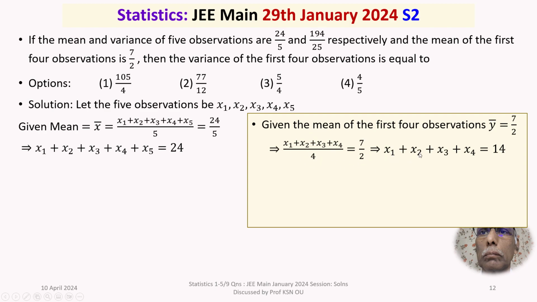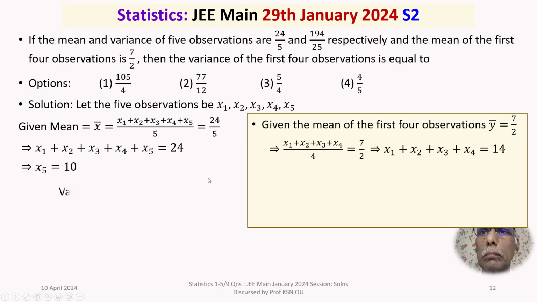Then x1 plus x2 plus x3 plus x4 will be 7 by 2 multiplied by 4, that is 14. Now we know x1 plus x2 plus x3 plus x4 plus x5 is 24, and x1 plus x2 plus x3 plus x4 is 14. Therefore x5 will be 24 minus 14, that is 10. Agreed. The 5th observation we have obtained.